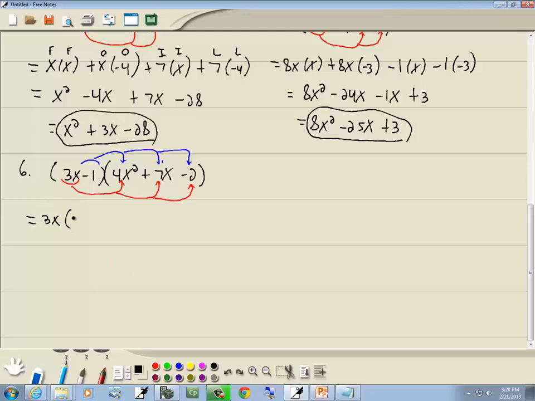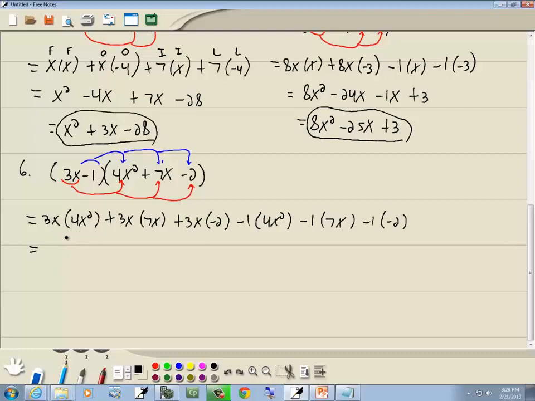So we'll take 3x times 4x squared. We'll take 3x times 7x. 3x times negative 2. Then we'll go to our second term, the negative 1. We'll take negative 1 times 4x squared, negative 1 times 7x, and negative 1 times negative 2.